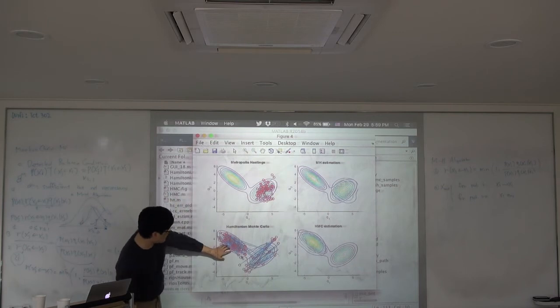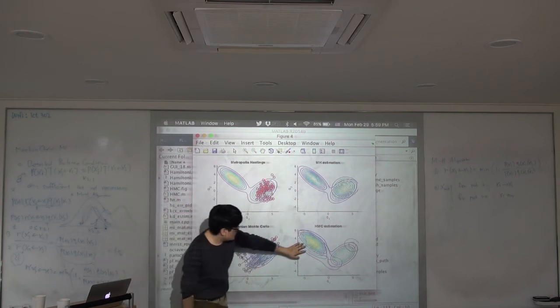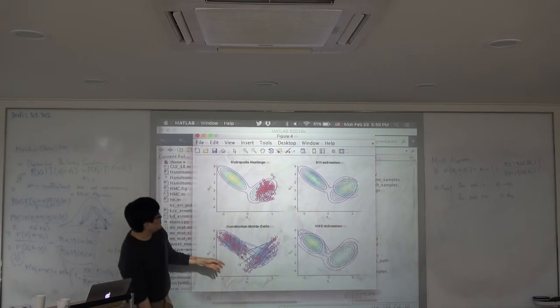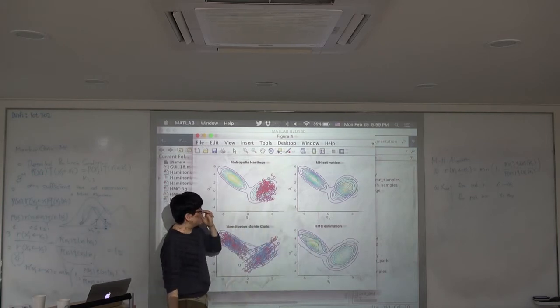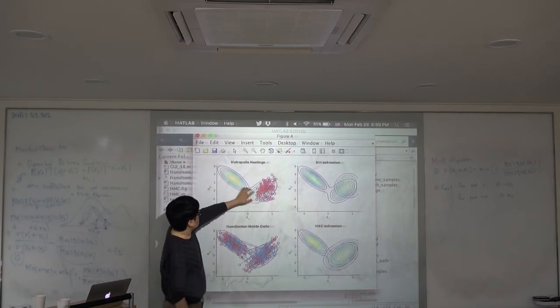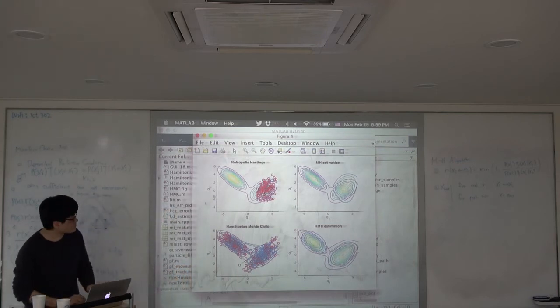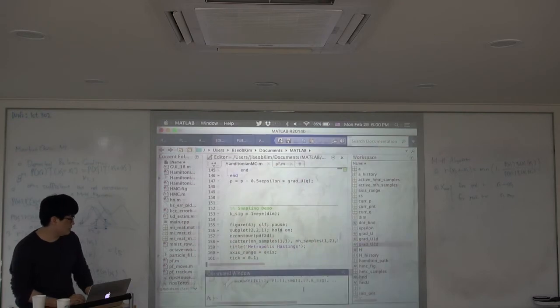And this one is a little bit better because we have density here and here. As you know, earlier it cannot go from here to there. Okay.